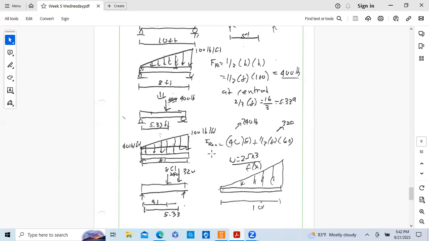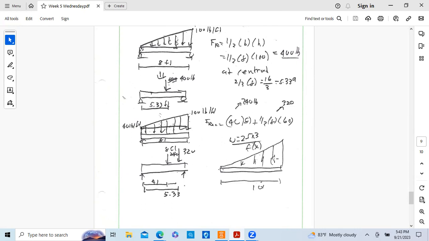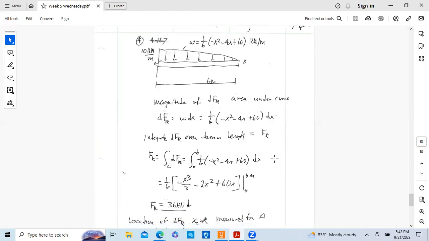And there is one other type of force system, and that is if we have the force as some function of x over some distance x. I will not give you any problems like that.